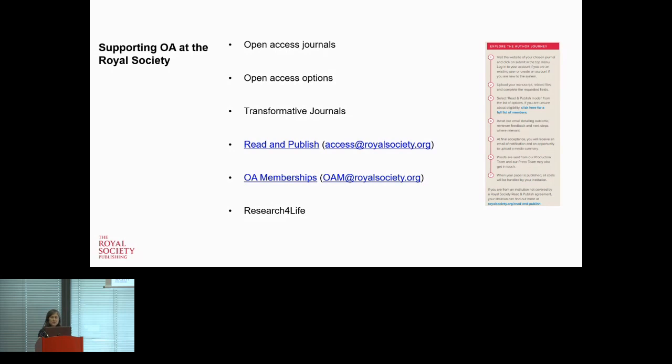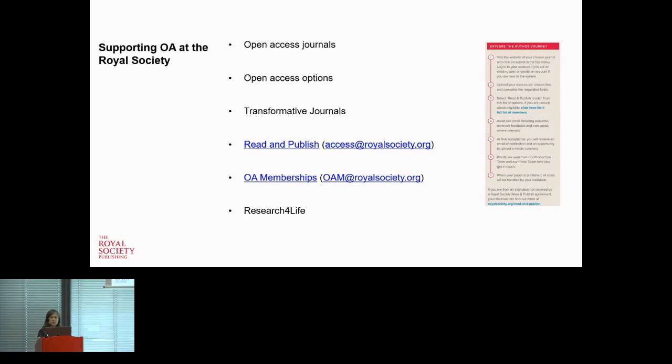An alternative approach for this are open access membership schemes. And in this model, institutions pay an upfront fee to the society, and in return, authors at those institutions receive a discount on their article processing charge fee.